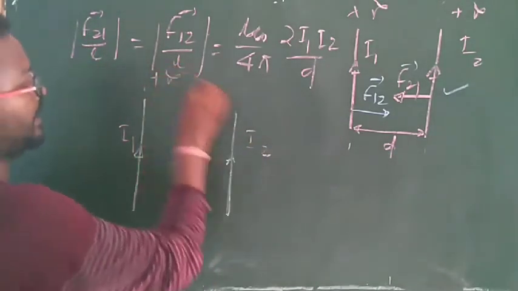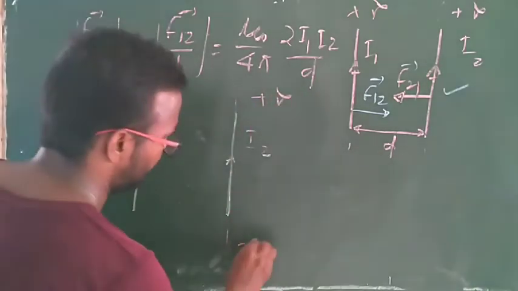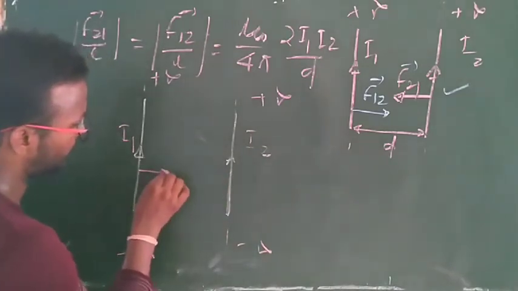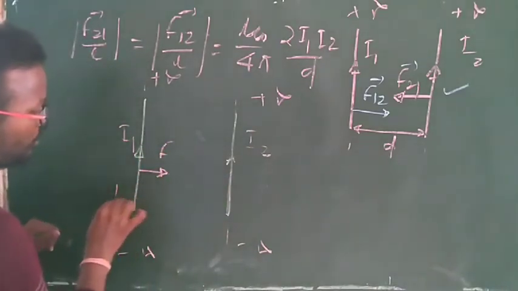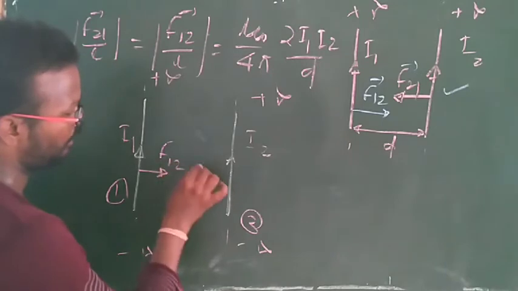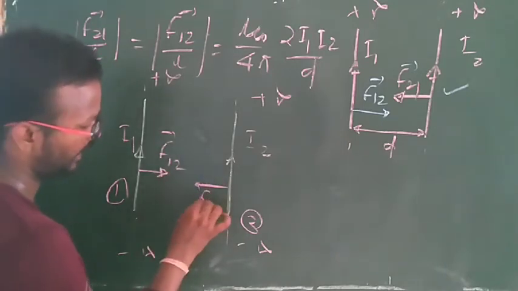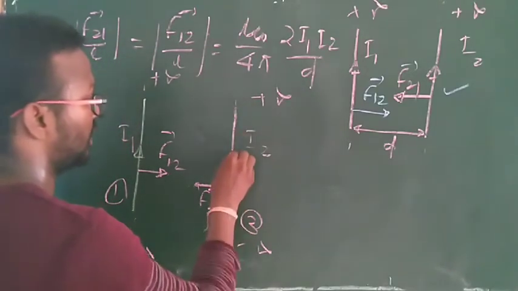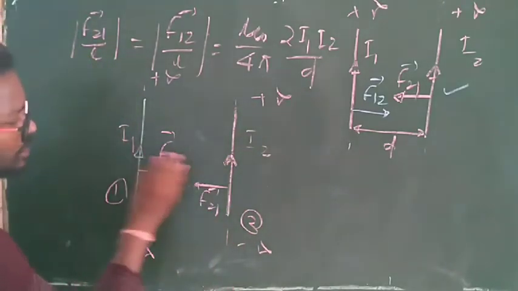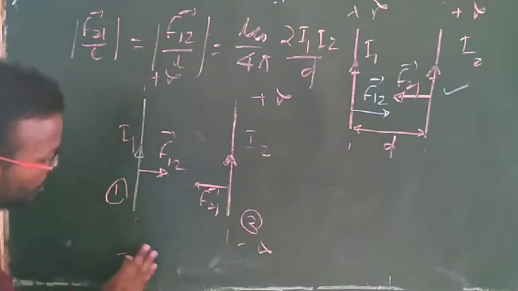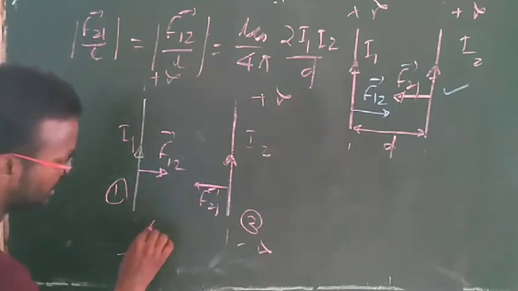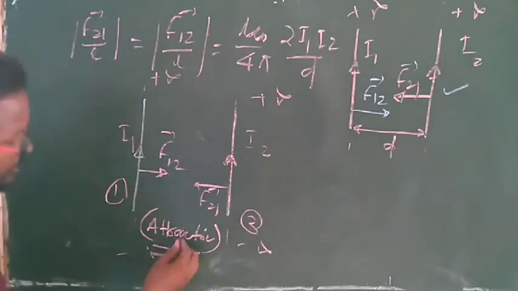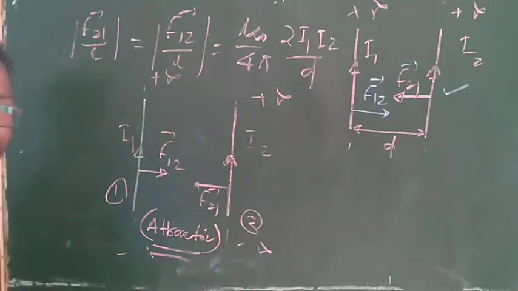This is plus infinite and this is also plus infinite, this is minus infinite and this is minus infinite. The force experienced by conductor 1 is F12 and by conductor 2 is F21. If the currents flowing through the parallel conductors are in the same direction, the force is attractive.